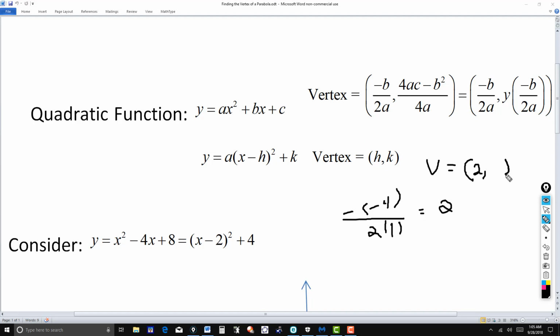And then to get the second component, or the y value, I can either use this formula right here.